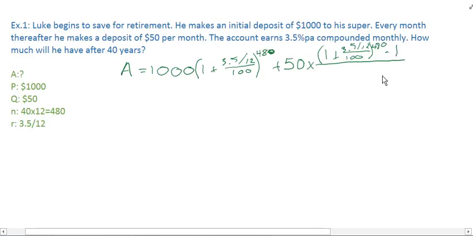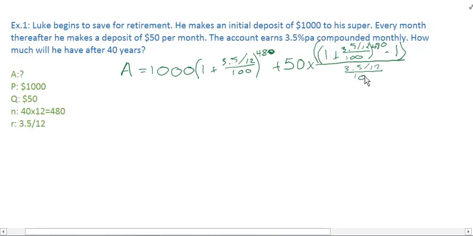I'm going to recommend when you put this on your calculator to put another set of brackets around that whole big thing, just in case you're a little messy with where you put your division signs. And then you can go ahead, put that whole thing into the CAS calculator.